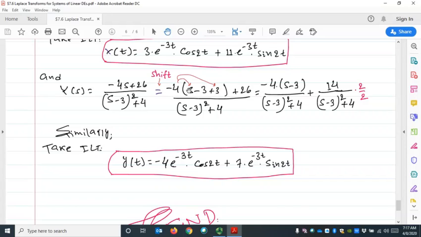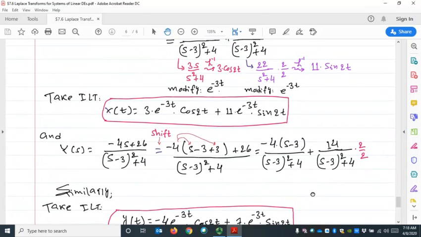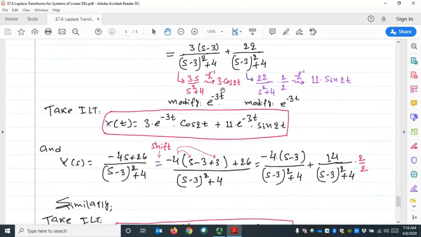So negative 4 times s minus 3 over the denominator, s minus 3 quantity squared plus 4, plus negative 4 times 3 is negative 12, negative 12 plus 26 is positive 14, 14 over the same denominator, s minus 3 squared plus 4. In the second one, we need to modify by dividing by 2 and multiplying by 2, and then apply the formula. This is kind of the same as before.